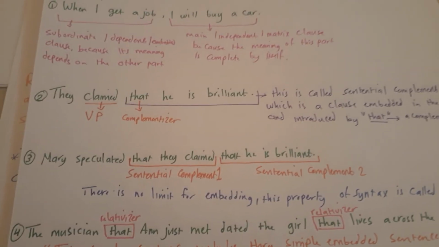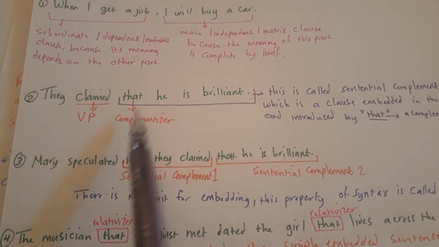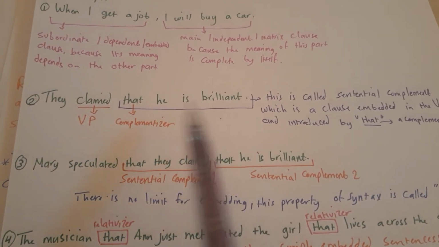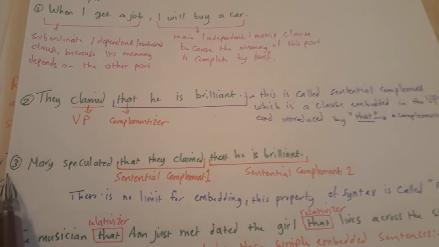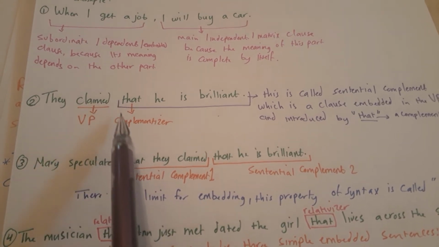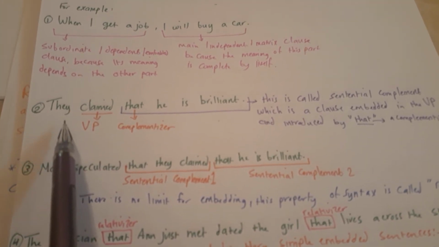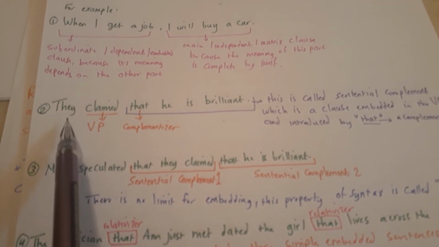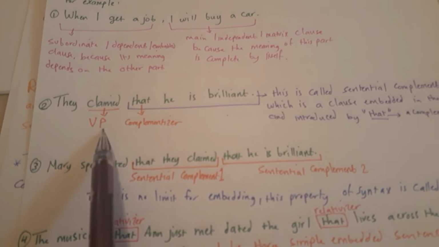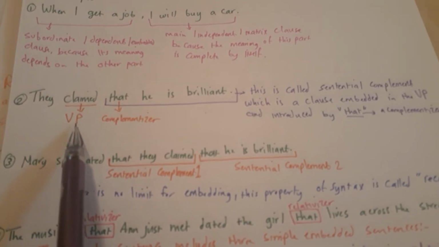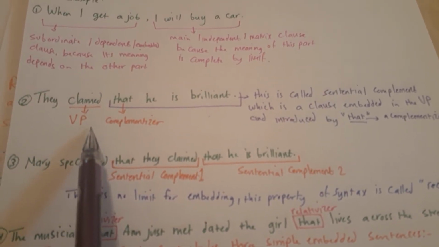Now the second example, as you can see, they claimed that he is brilliant. Now here we have two sentences, but we have something else here. Now, they claimed is a sentence with one verb. This is the VP. Now, this is called sentential complement.